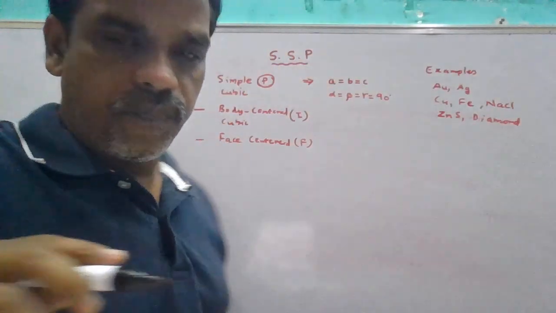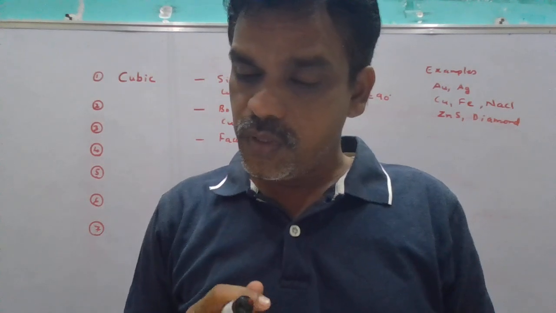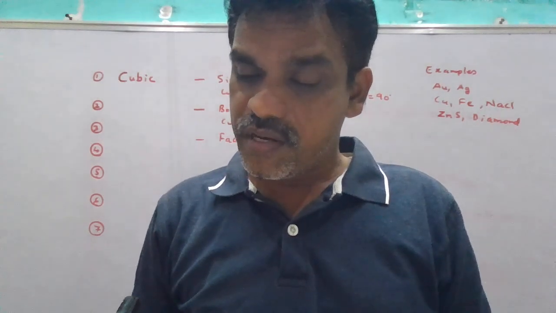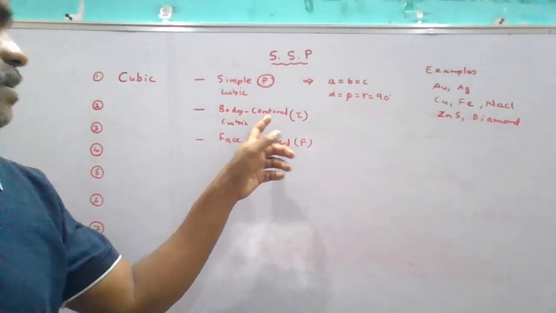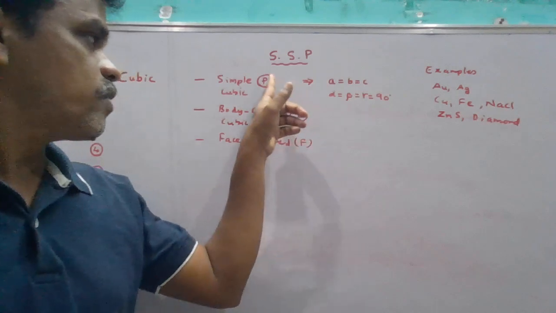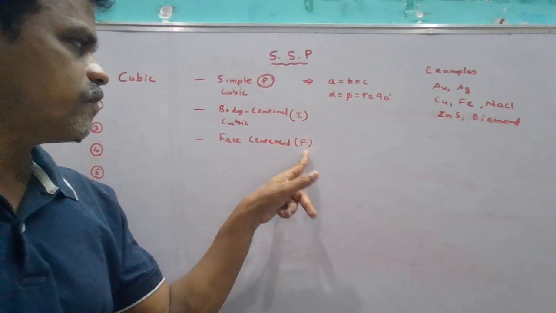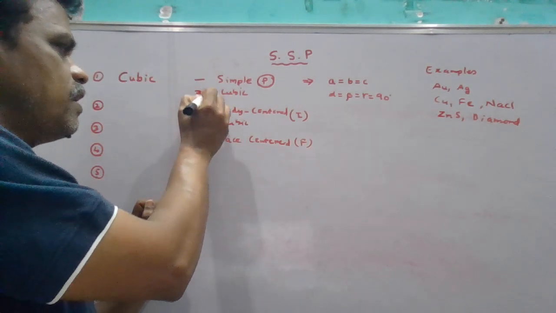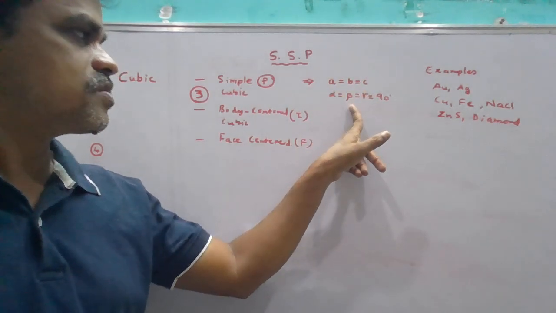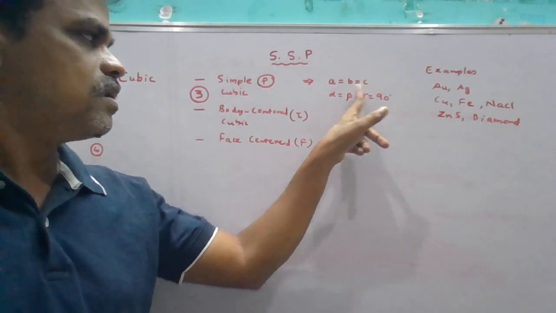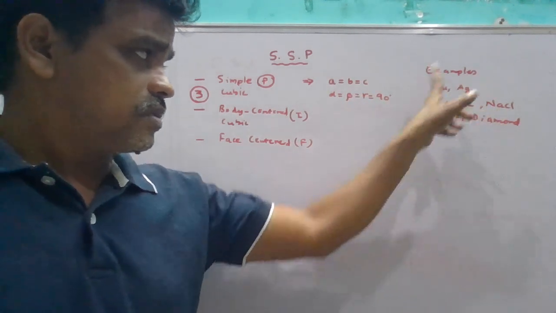I discussed here one crystal system, the cubic crystal system. The Bravais lattices are simple cubic, body centered cubic, and face centered cubic, that is P, I, F, three Bravais lattices. The unit cell characteristics are a equal to b equal to c, alpha equal to beta equal to gamma equal to 90 degrees.